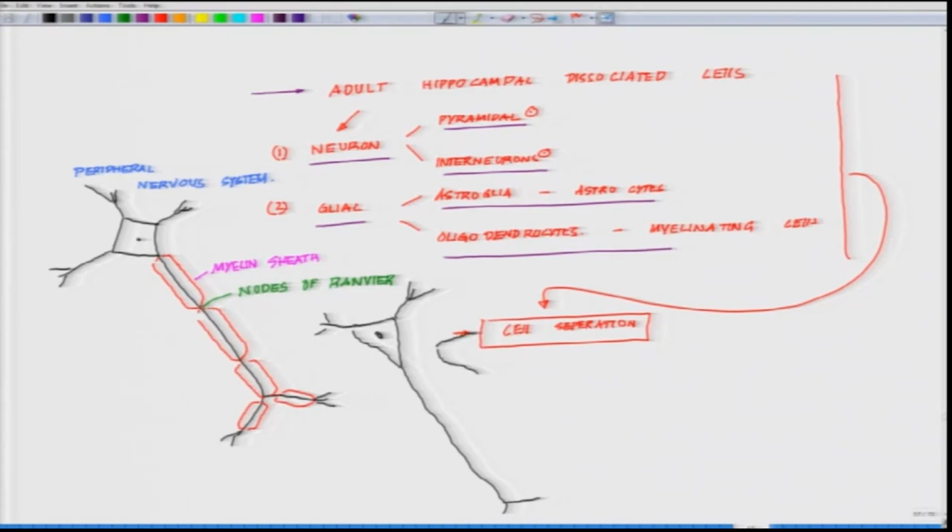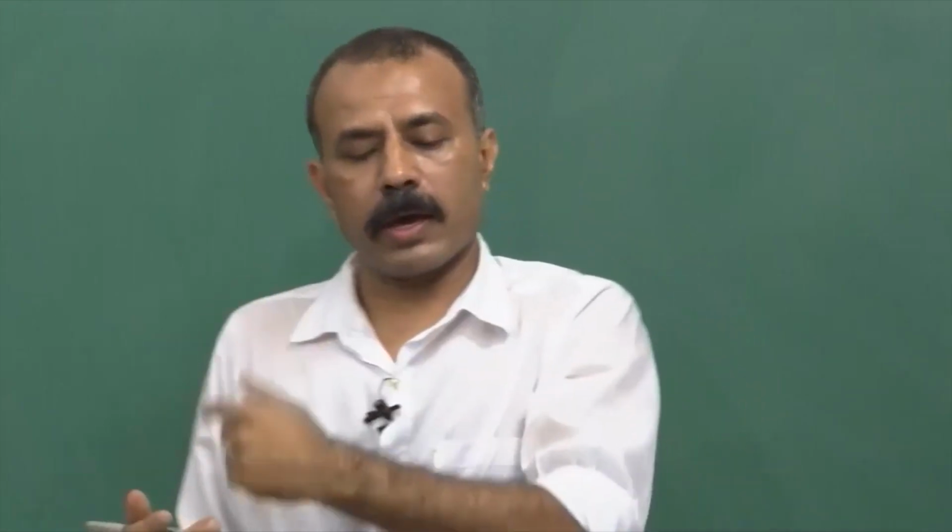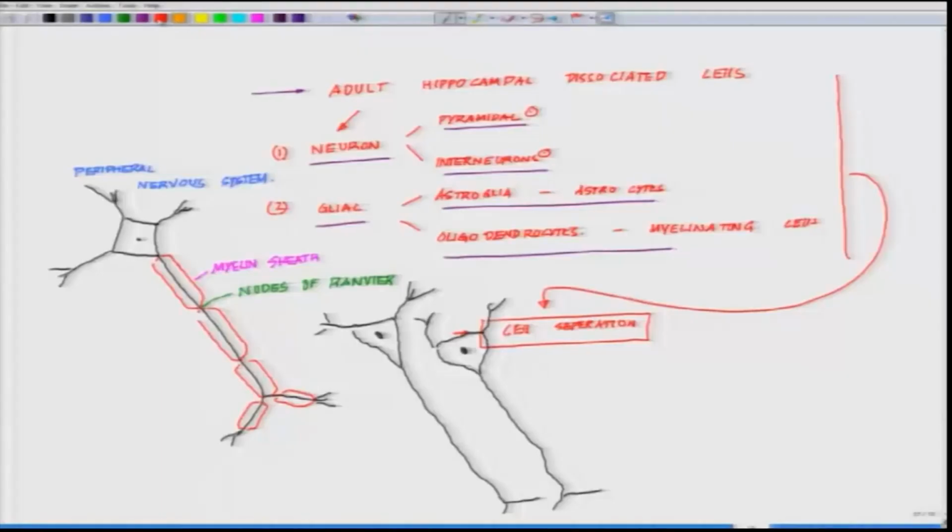Let me draw another one that will make more sense to show the myelination pattern. In a cross section, if you ever cut a brain slice or take the hippocampus, you will see a series of cells which I am now showing in blue. They will be sitting like this.